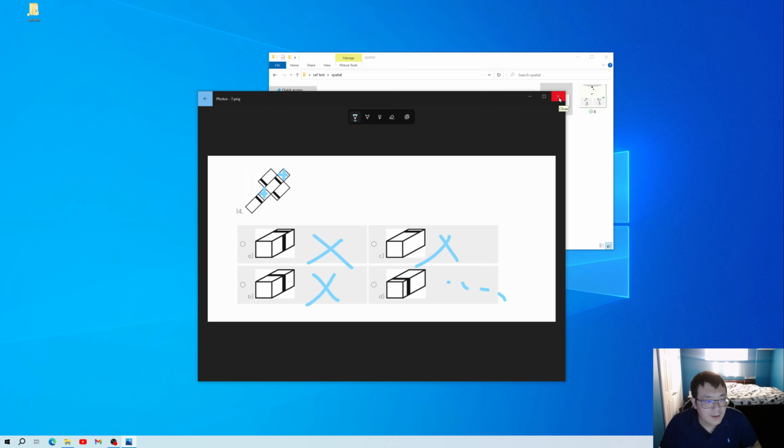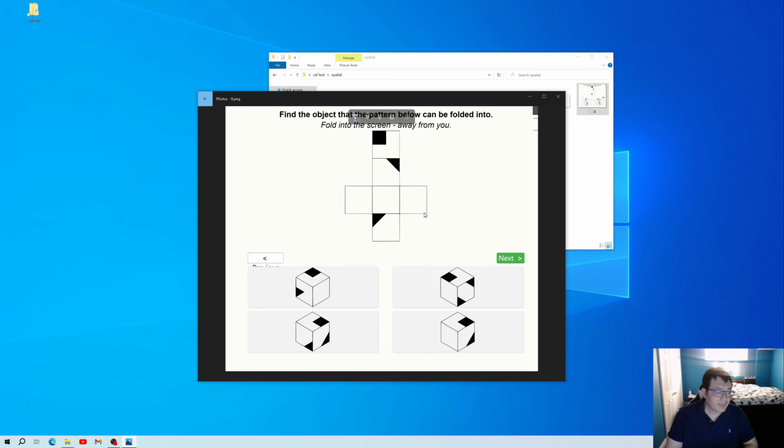Okay, this one is a little bit interesting. It's not really hard, but okay. So right off the bat, I know these two are not the correct answer. Why? Because we have all the shapes made from squares, and we have this one with two triangles in the same square, which is not showing here.